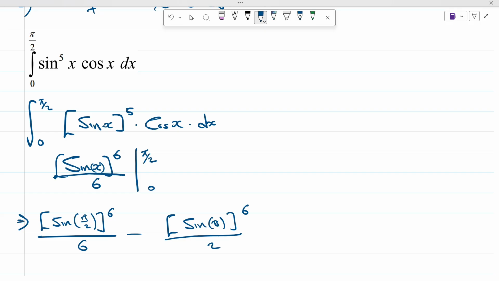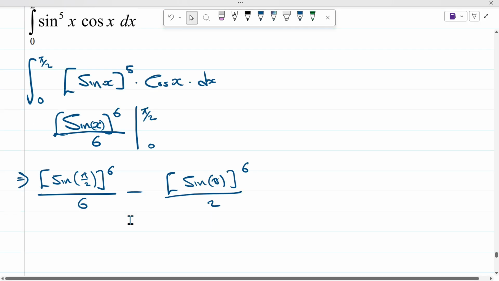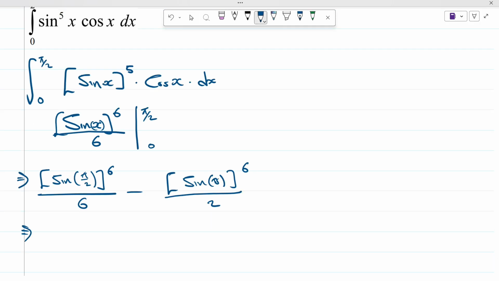Sine of 0 is 0, so we're just going to substitute the first part only on our calculator. We should get something like 1/6 on our calculator.